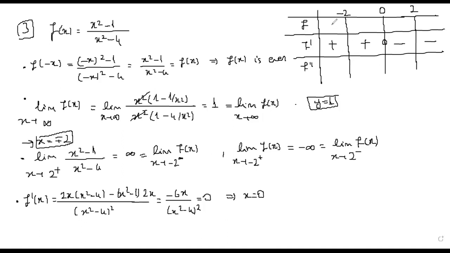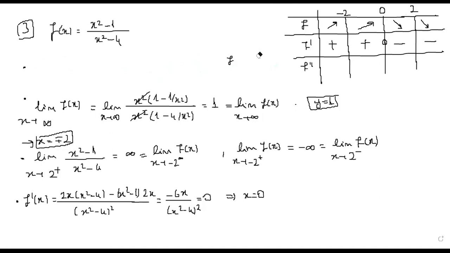So it means f is increasing here and decreasing on these intervals. Now what about the concavity? We need to find f double prime now, right?